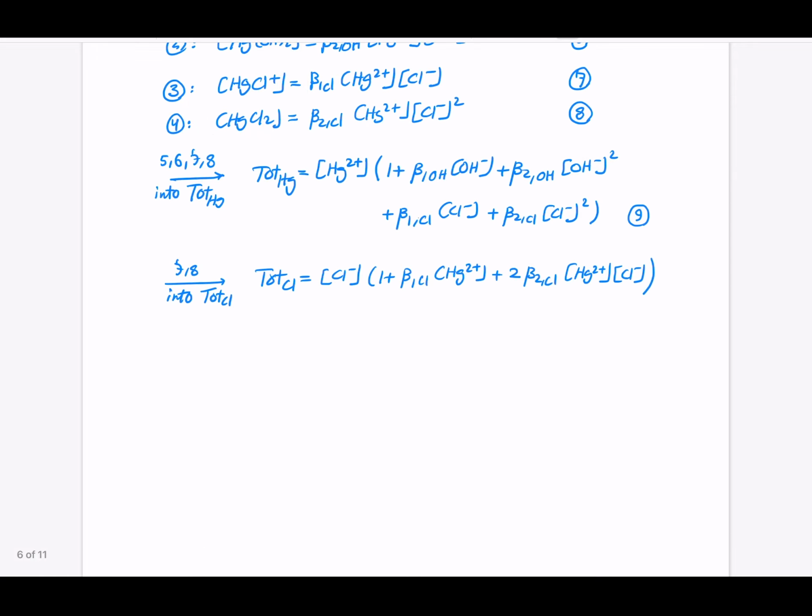So let's rearrange this a little bit slightly to make it Hg2 plus kind of thing. Then this would be total Cl minus Cl, just rearranging it a little bit. Beta 1 Cl plus 2 beta 2.